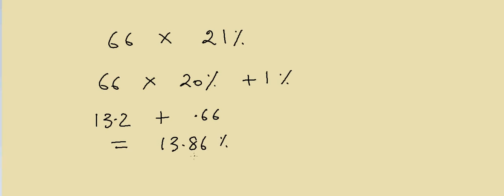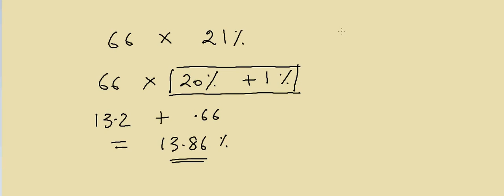Now mind you that right now we are splitting the percentage. We don't always have to split the percentages, we can also split the number itself. So let me do it this way. 60 plus 6 into 21.